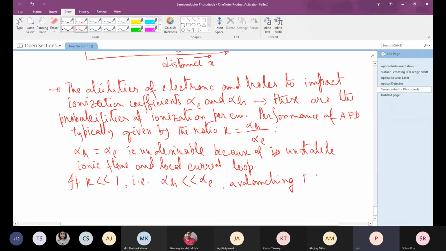Avalanching takes place from P side to N side. This is often a desirable condition because the mobility of the electrons is higher.